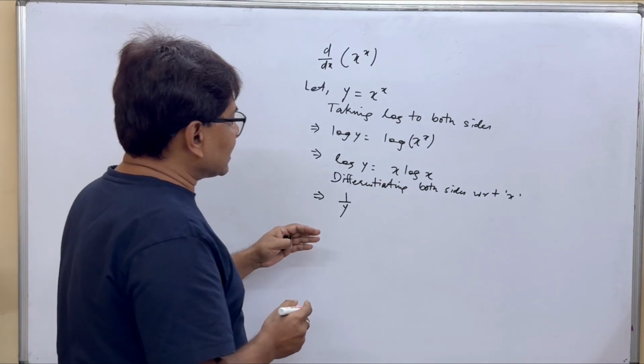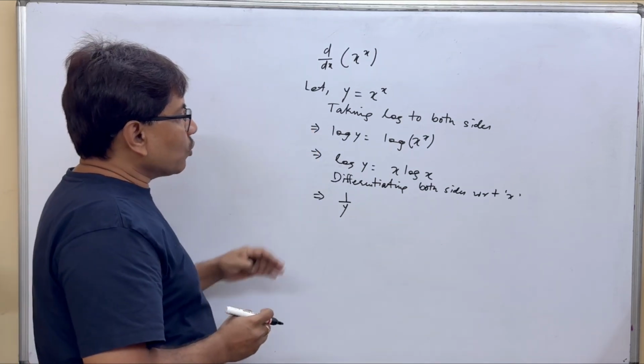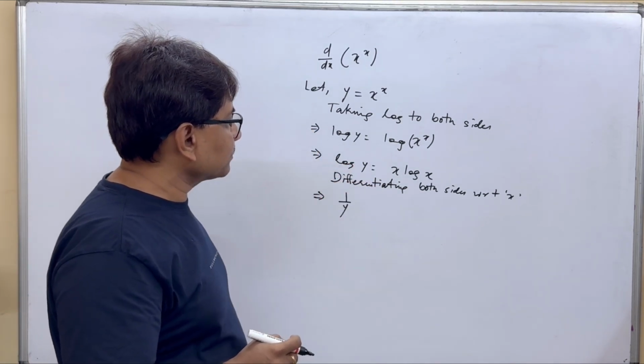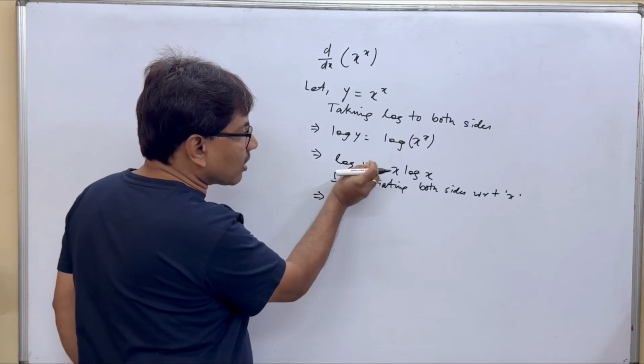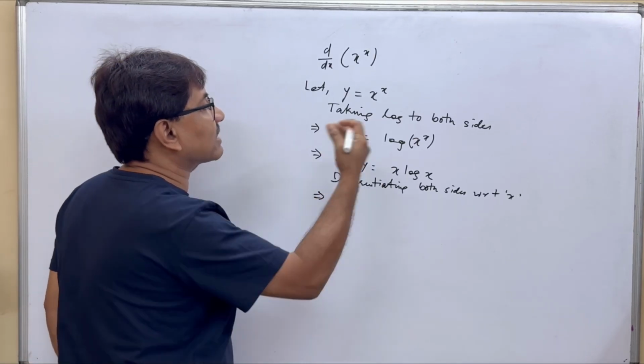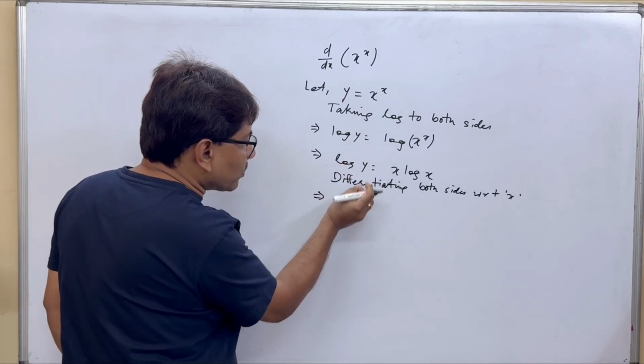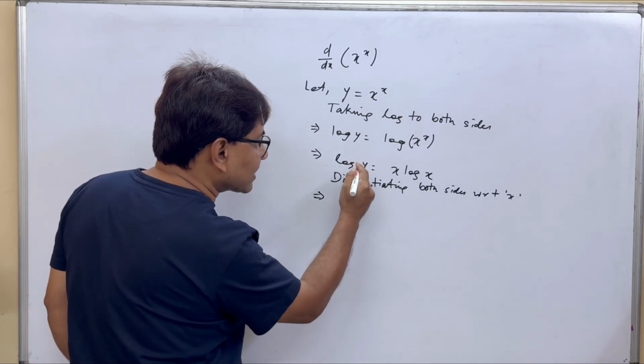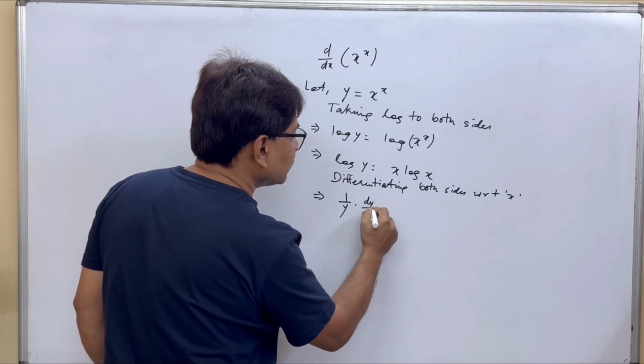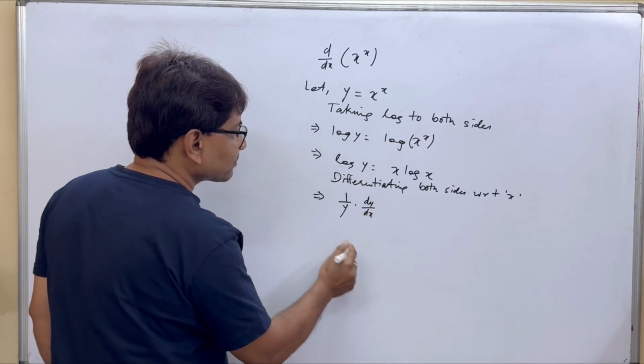But I said that whenever there is a power format, or with log any value is there, then its further differentiation is required. That means d/dx of log y is 1 by y, and the further differentiation of y is dy by dx.